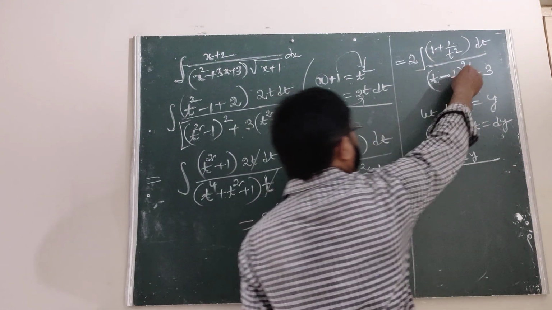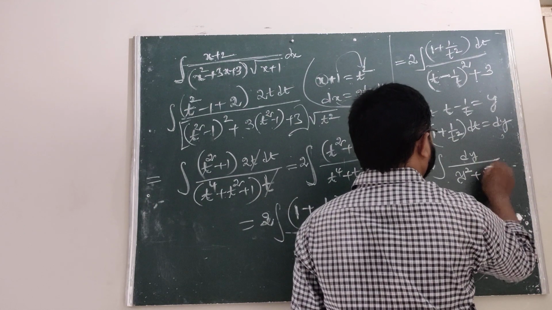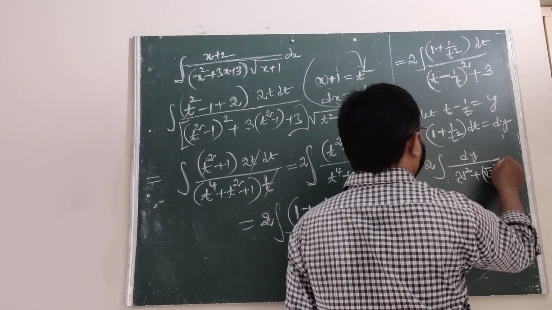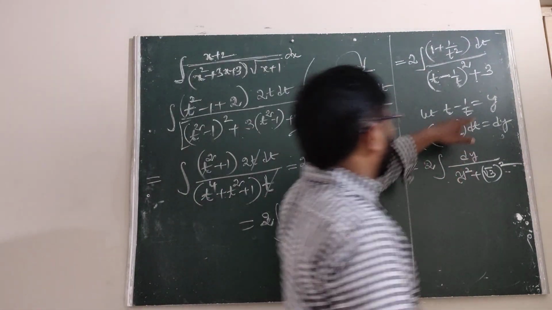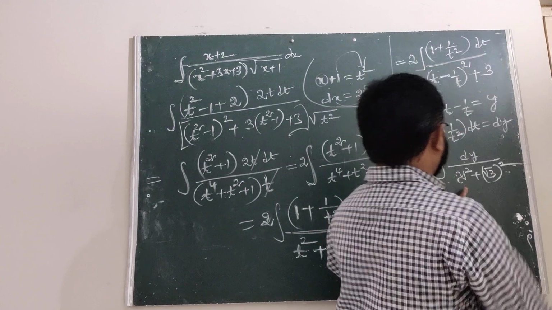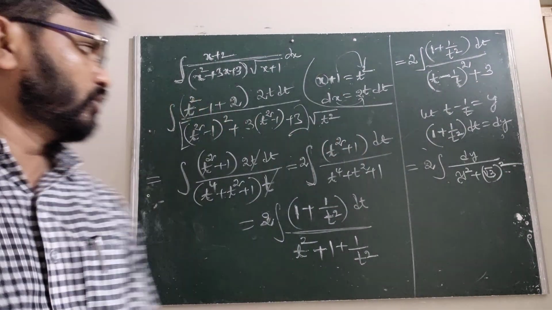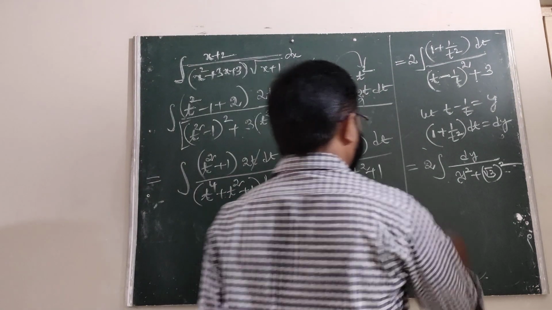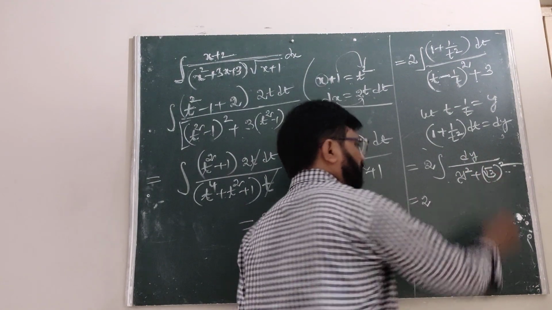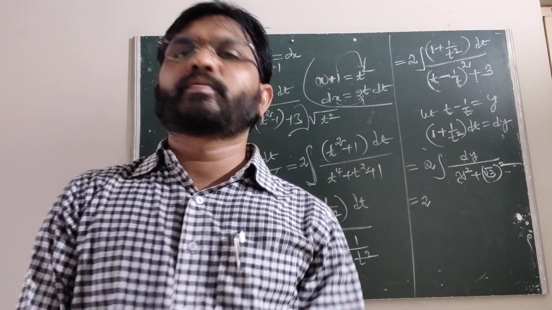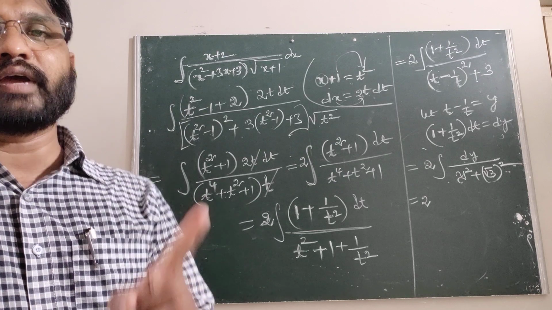Now this y square plus 3 can be written as root 3 whole square. Is it clear how to write this one? dy by y square plus root 3 whole square can be written as 2 into 1 dx by x square plus a square. dx by x square plus a square is 1 by a tan inverse of x by a.